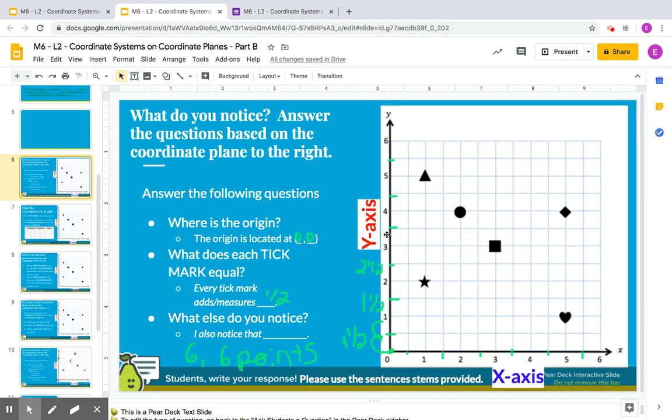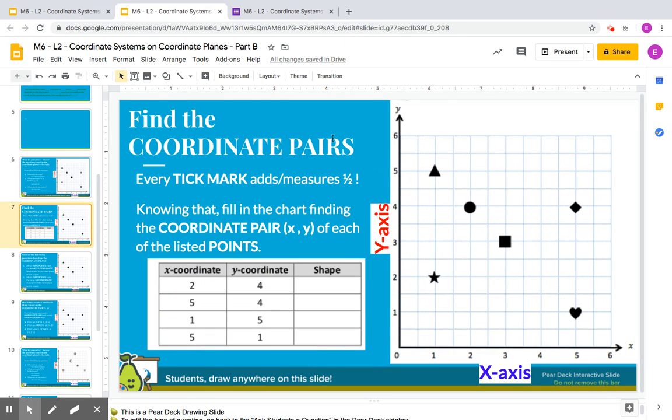So now let's see what these coordinates are. I had to look to find my coordinate pairs. So knowing that every tick mark adds or measures 1/2, I can fill in this chart by looking at the coordinate pair of each of the listed points.